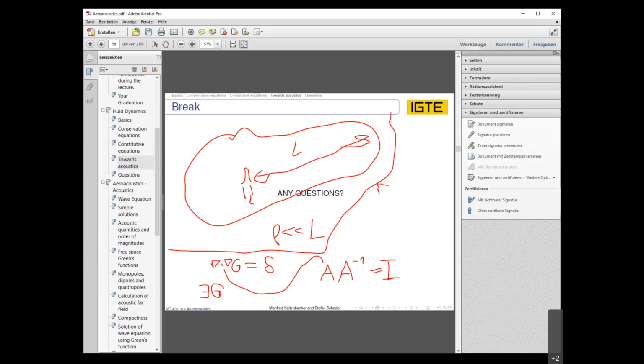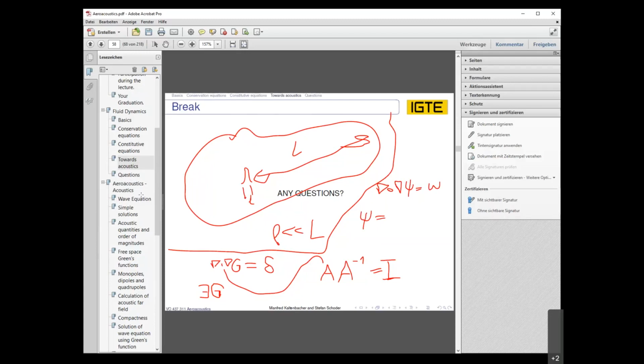And if you have now an equation like we had it before, with the potential and the vorticity, then you get the solution.